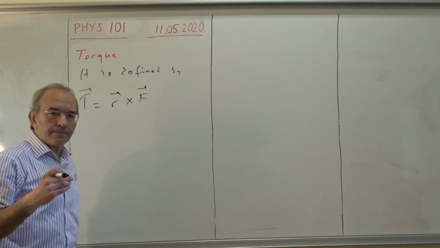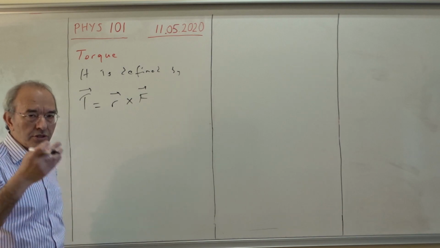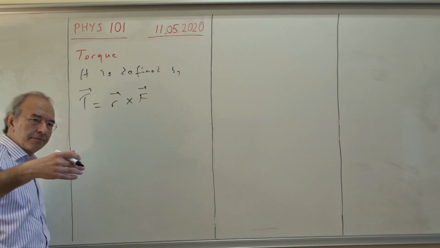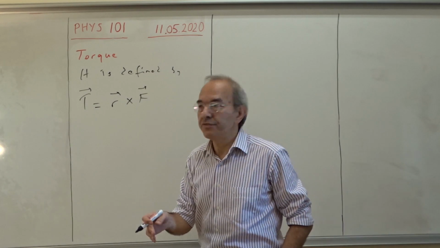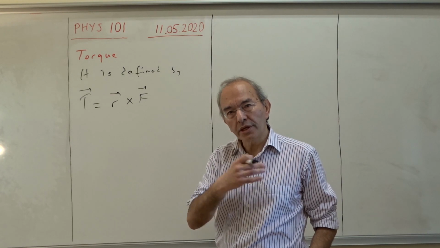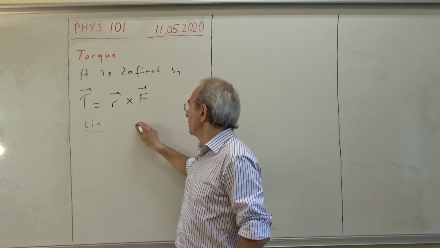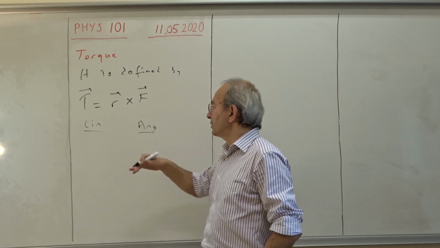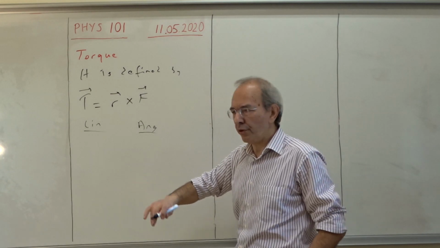First of all, we should maybe mention the corresponding quantity, because in the previous chapter, at the beginning of the rotational dynamics, we said that some quantities are corresponding to each other. So in linear motion and in angular motion, we had some objects. Let me have a short review on these.